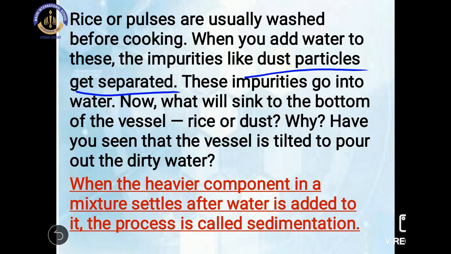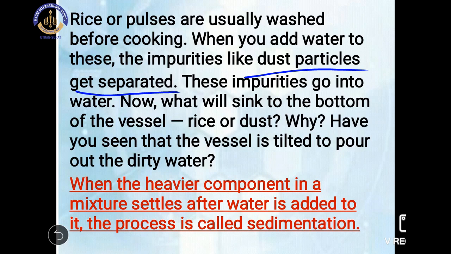It means if you have rice with dust impurities, take it in a bowl or vessel and pour water into that vessel, and after a few minutes, within 1 or 2 minutes, you can observe that the light weighted particles, which are the dust particles, will remain on the surface of the water, and the rice, which is a heavier component, will settle down in the vessel. So we separate both components, dust and rice.